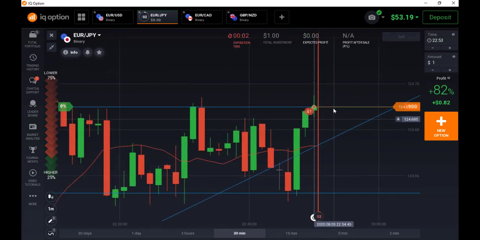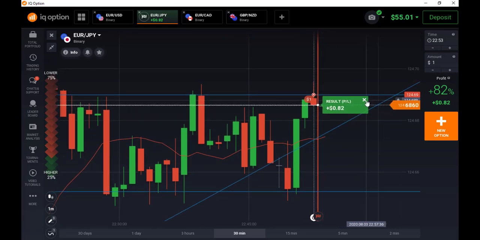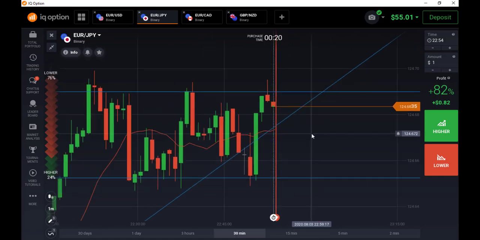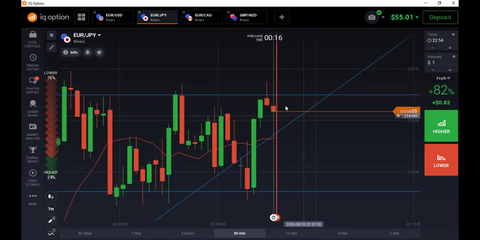I believe this candle should be a red candle, and the next candle also must be a red candle. Yes, it must be a red candle. And after that, you will see a few red candles.